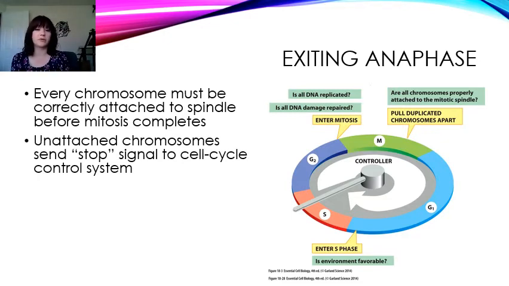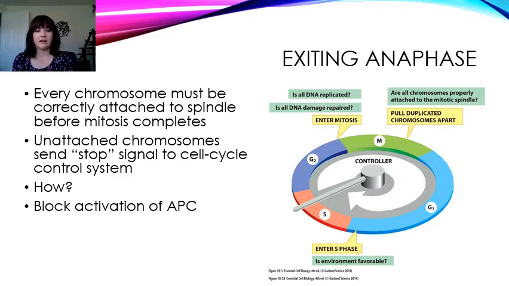And until those chromosomes are in that state, the cell will not go on past this checkpoint. When chromosomes are not attached to the microtubules, they actually send a stop signal to the cell cycle control system. So once all the chromosomes get attached to the mitotic spindle, then finally the OK signal is sent out.